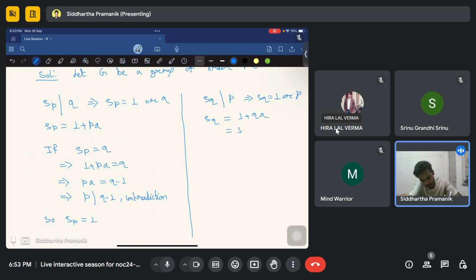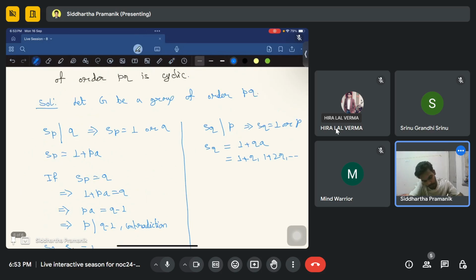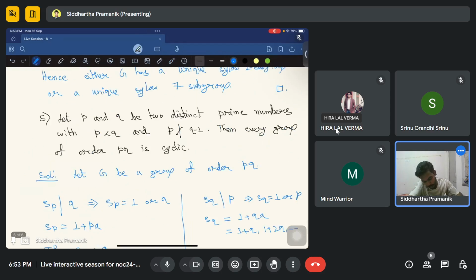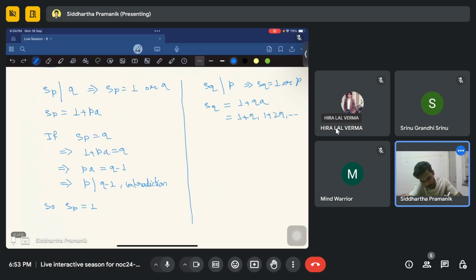So it is 1 plus q, 1 plus 2q, and so on. But p is less than q, right? So s_q is not equal to p. So this implies s_q is equal to 1.